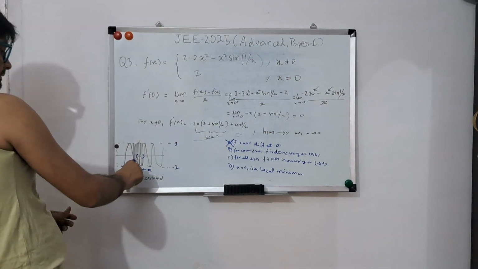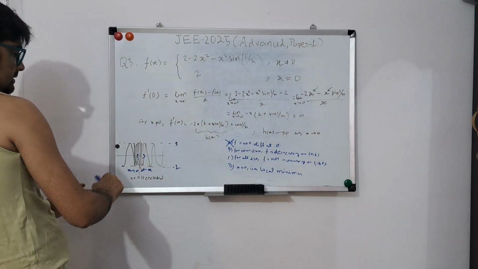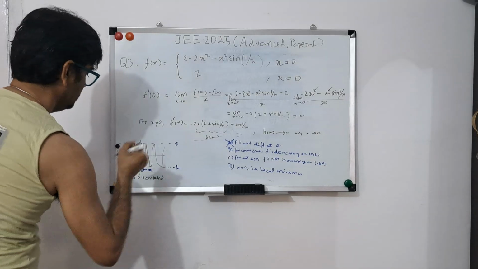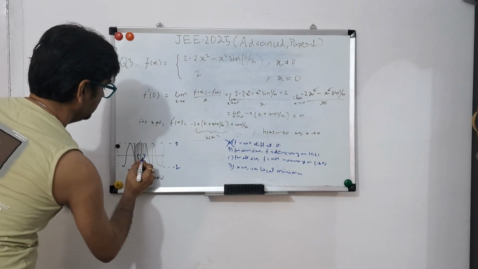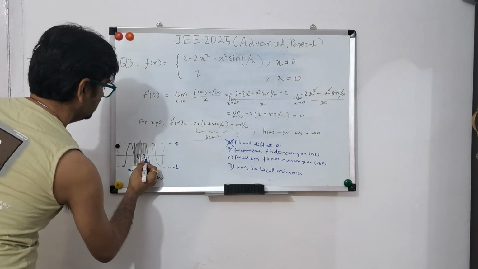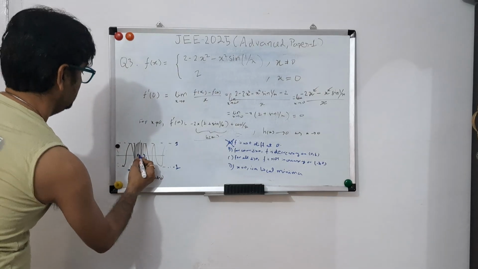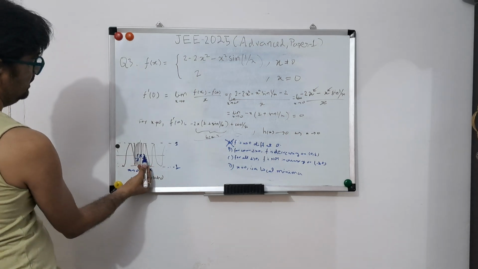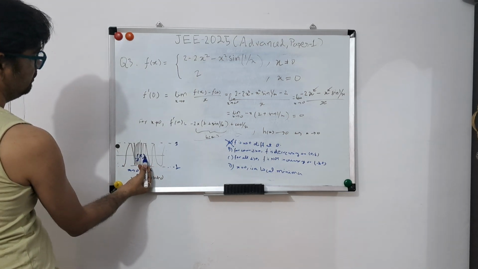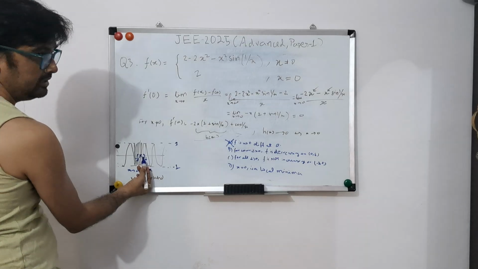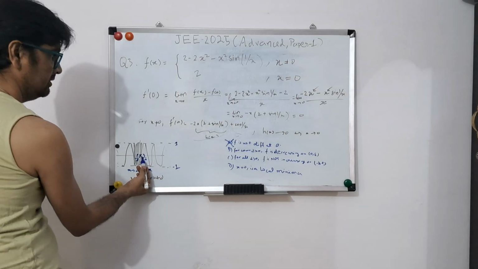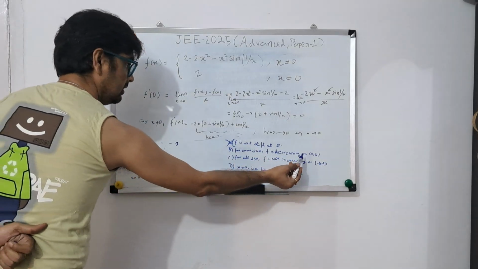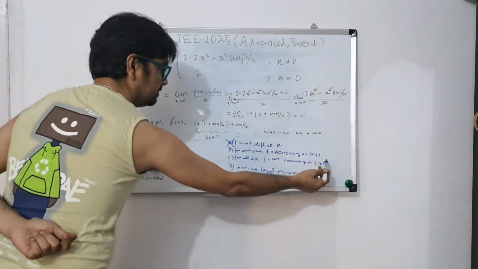And since we have found that for some interval here, this is delta, this is minus delta, and this is the 0. In this interval, the function is neither increasing nor decreasing, so it cannot be decreasing on any interval 0 to delta.